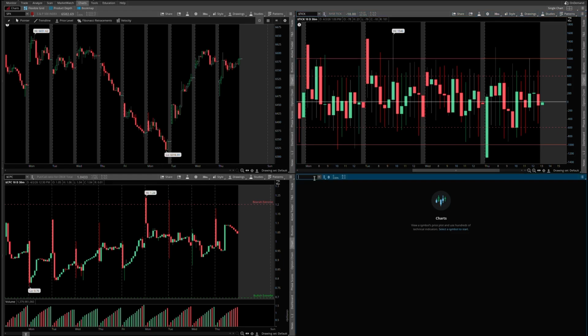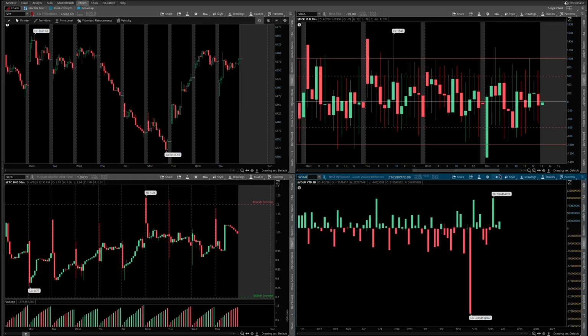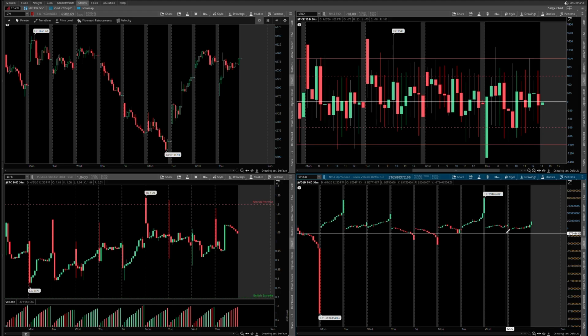Another thing you can use as well is the Vold ratio, which just shows you total market volume down and up, right? So maybe we weren't going to go bearish for very long on Monday because we actually had upticks here.